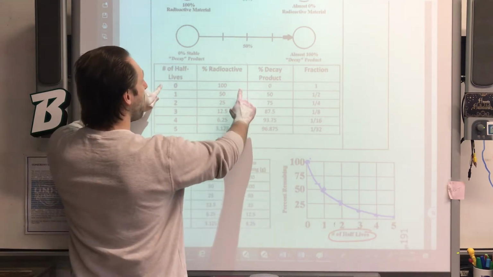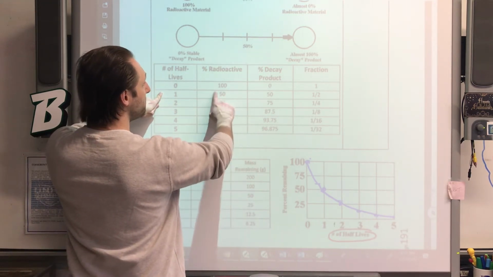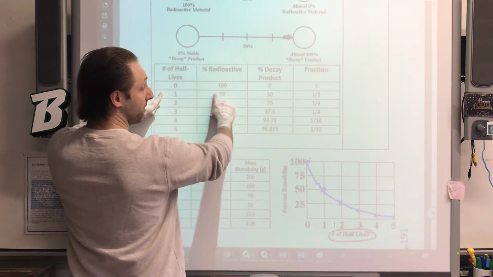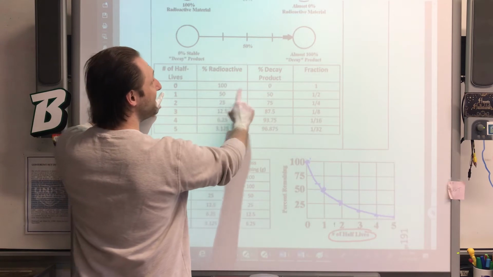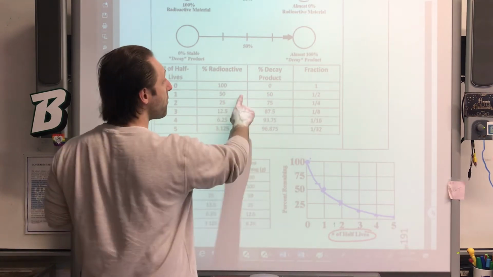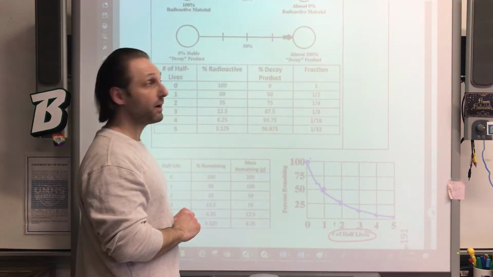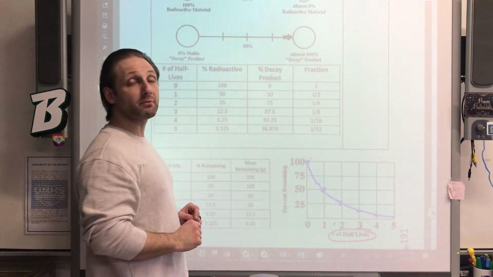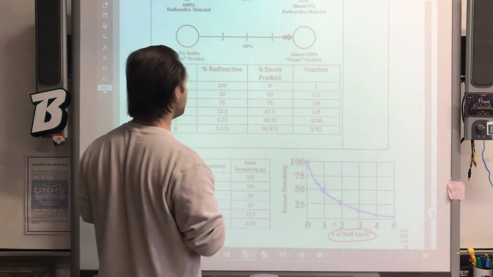So we go 1 half-life, we lose 50% of the original amount of radioactive material, and we gain 50% of that over in the decay product. So we're saying half of the radioactive material is left from the original.